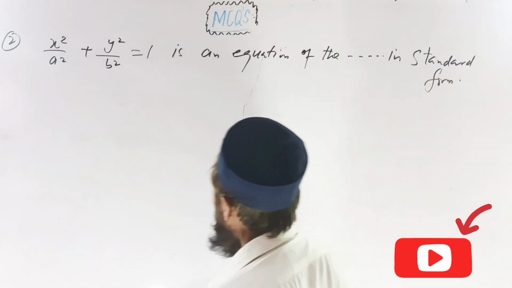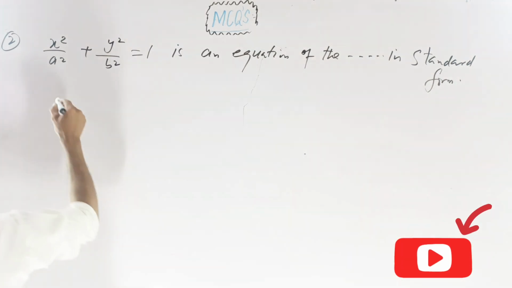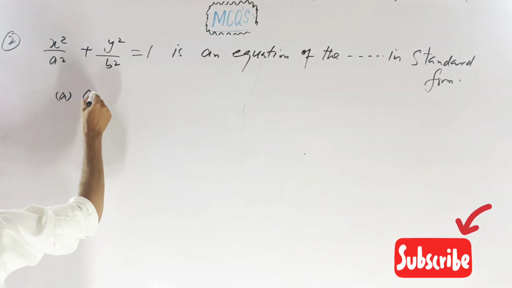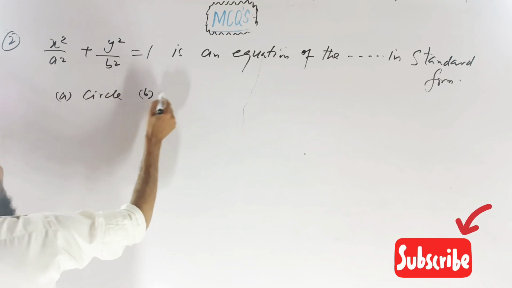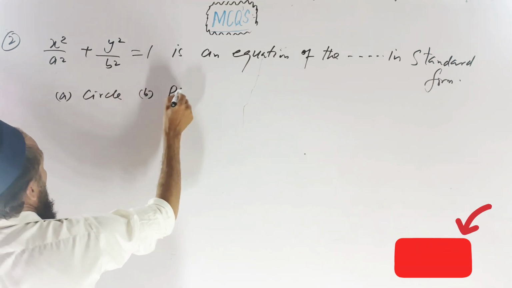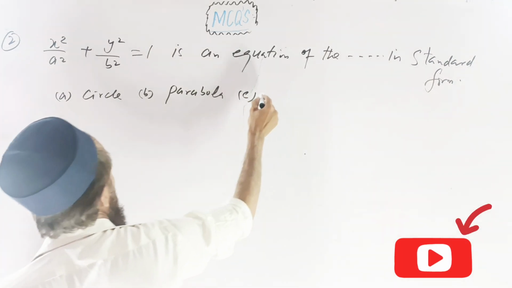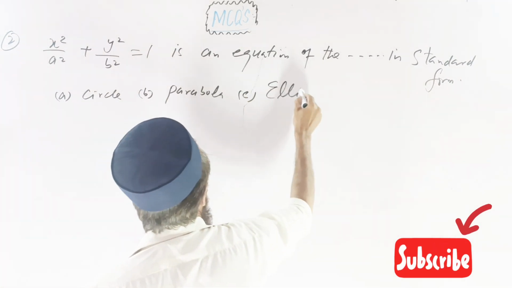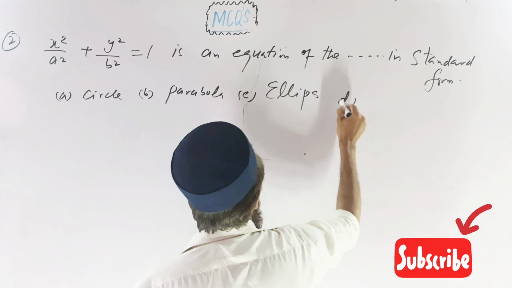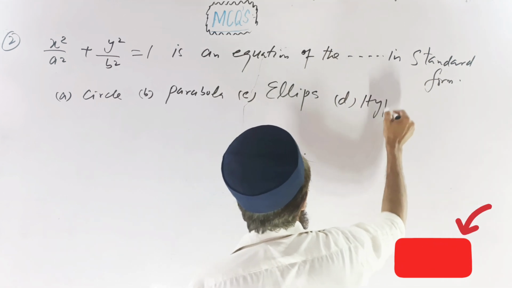The options are: circle, parabola, C ellipse, and D hyperbola.